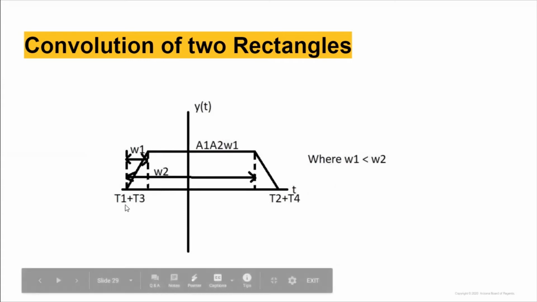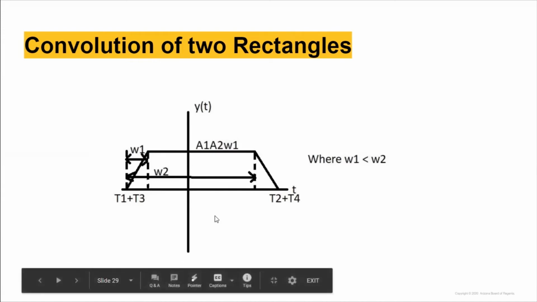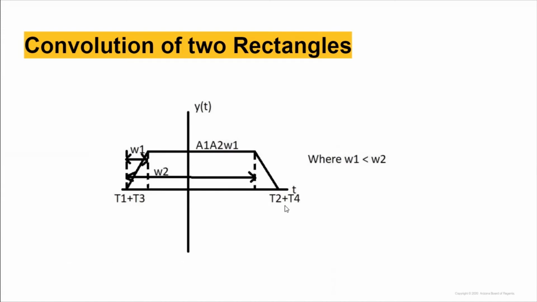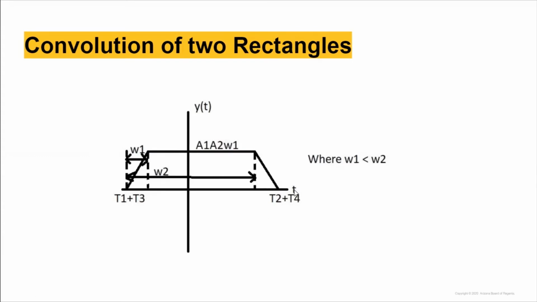The far left value of where this shape will begin is going to be T1 plus T3, and the other side is going to be T2 plus T4. So you're adding the sides of the rectangles together to get the whole width of the new shape.